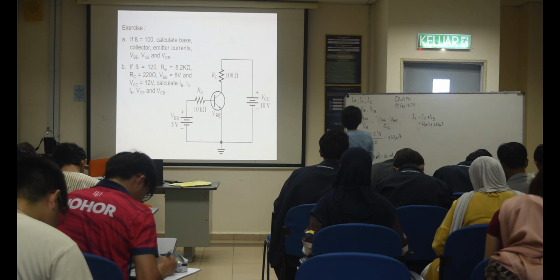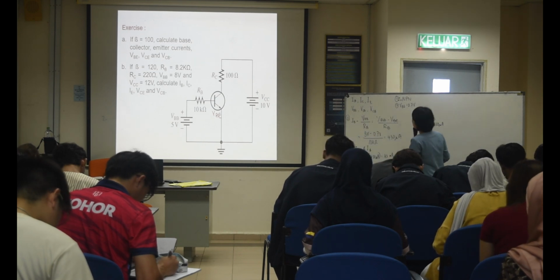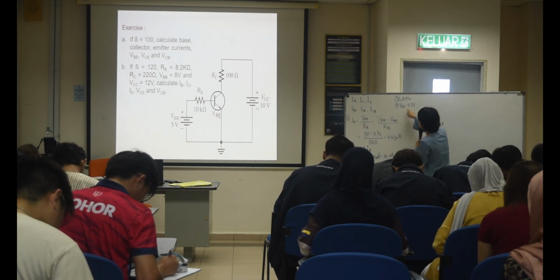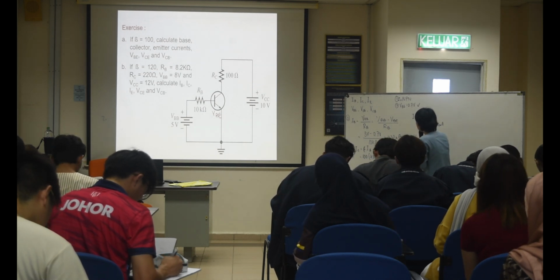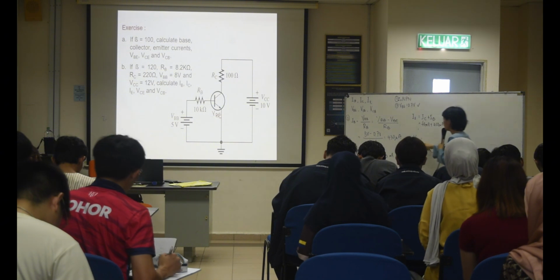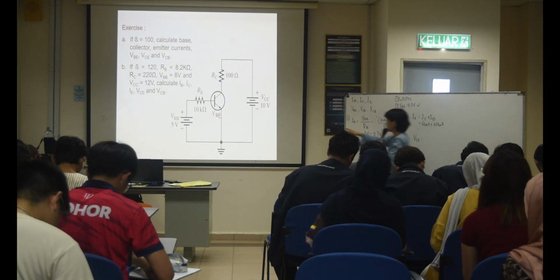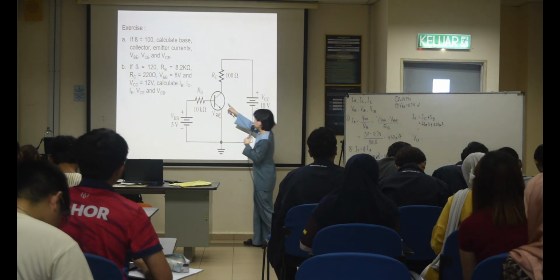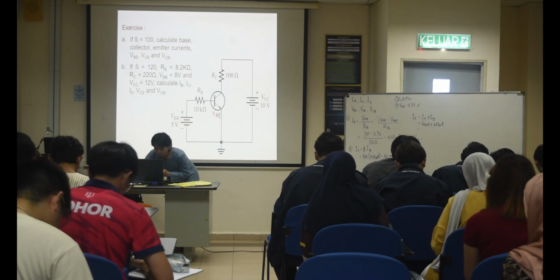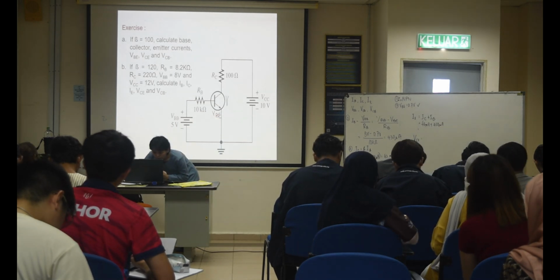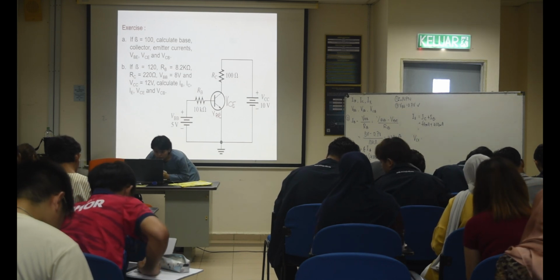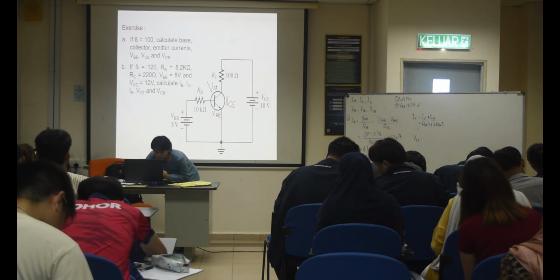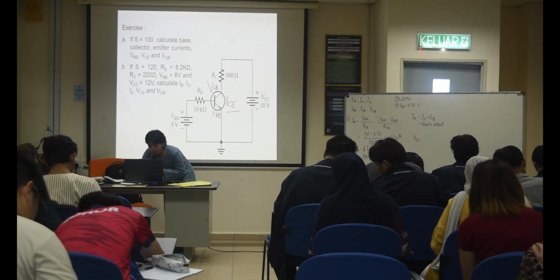Okay, now we go to VBE, you got it already. Okay, done. So now we do VCE. Okay, CE, where is CE? CE is here. VCE. And then here is VCB. Okay, VCE how much?